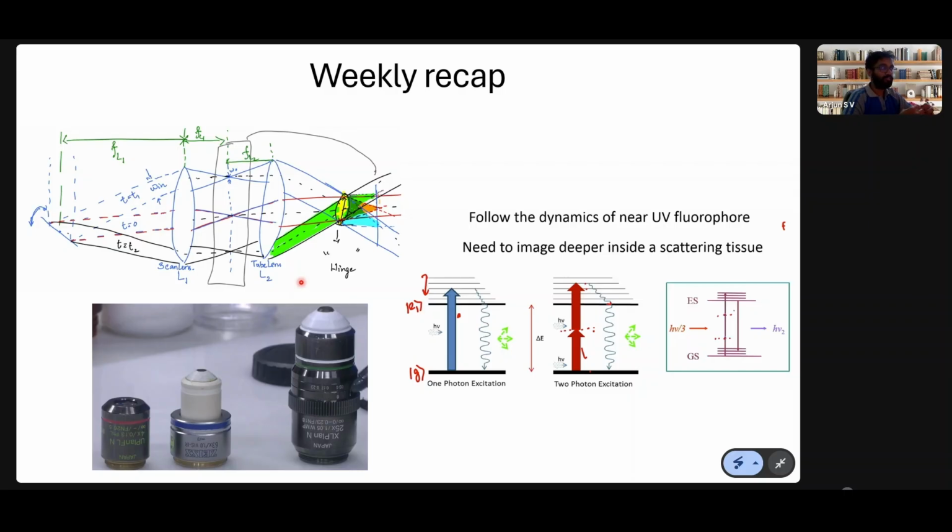Week 10 ventures more into the application parts, where the course instructor Dr. Balaji Jayaprakash explains in more detail about different kinds of microscopes, particularly focusing on the confocal microscope and how one photon and multi-photon excitation happens.